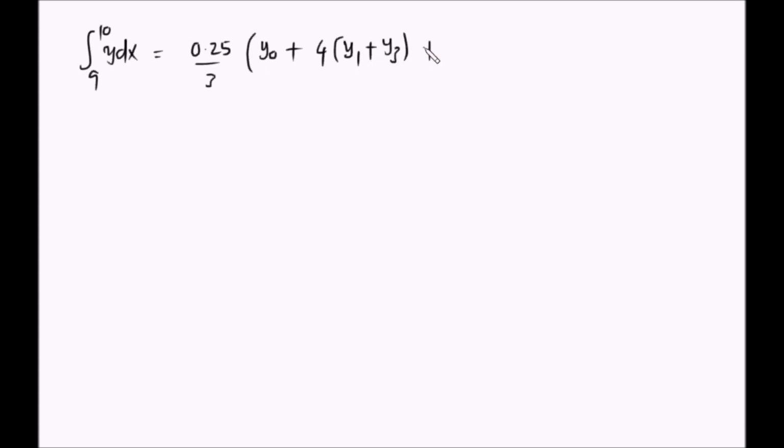So I mean tumeshaona kwamba hii integral tumesema ni 0.25 over 3 y0 plus 4. So we have y1 plus y3 plus 2 times y2 plus y4. So hii itakuwa sasa na 0.25 over 3.